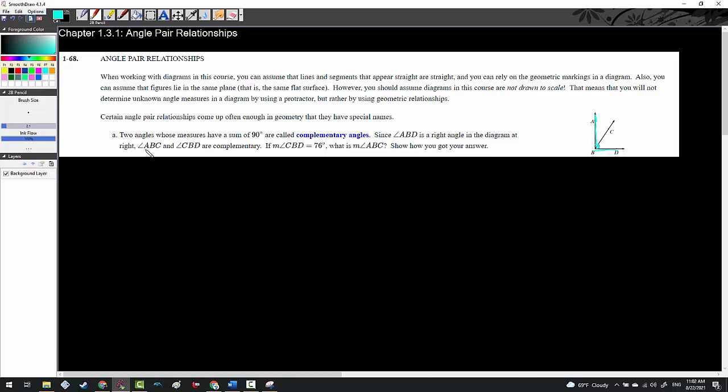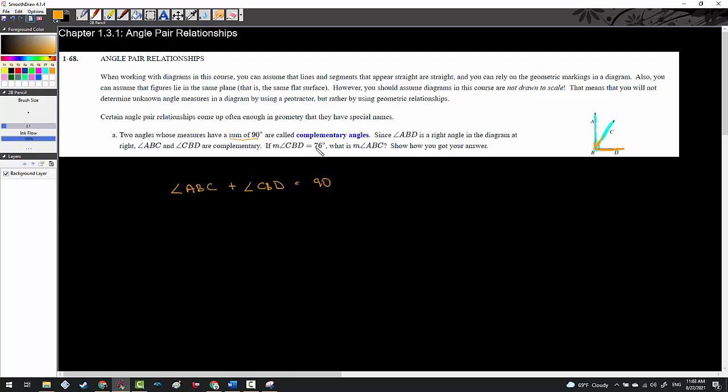It says if ABC, in other words, this angle here, the smaller angle that's in blue, and this angle here that I've highlighted in orange, if we know those two to be complementary, that means that angle ABC and angle CBD must be 90 degrees, again because the two angles have a sum of 90.